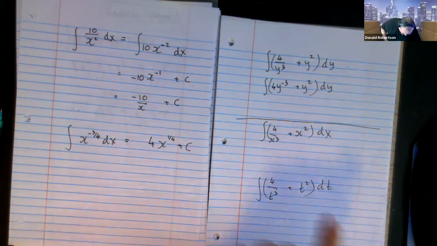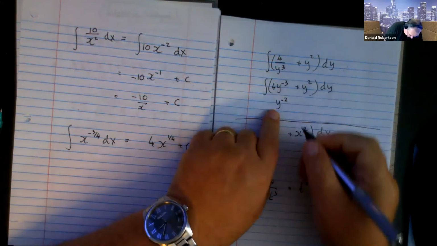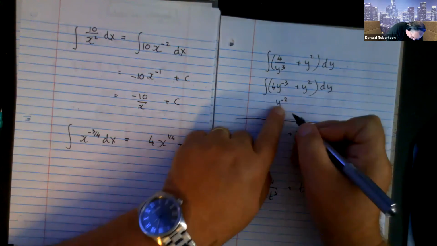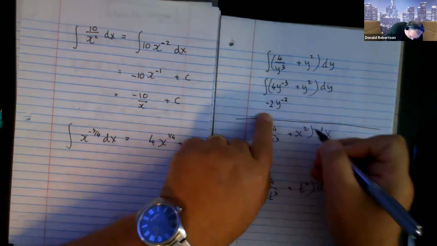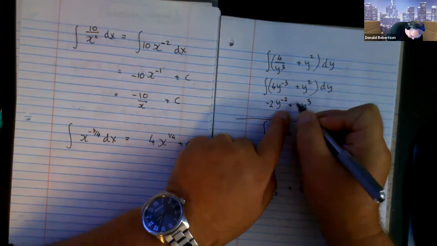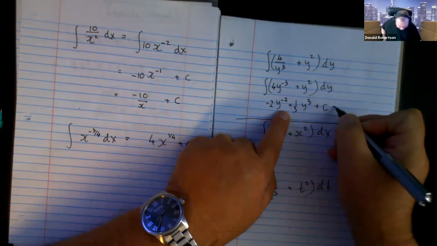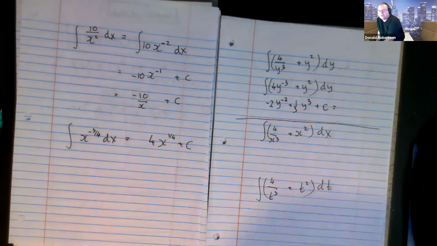Right. So when I add 1 to the power, I get -2. When I divide by the new power, this becomes -2. When I add 1 to the power, and then I divide by the power, and then I add my C, and then I have a quick look. And my quick look is style points.